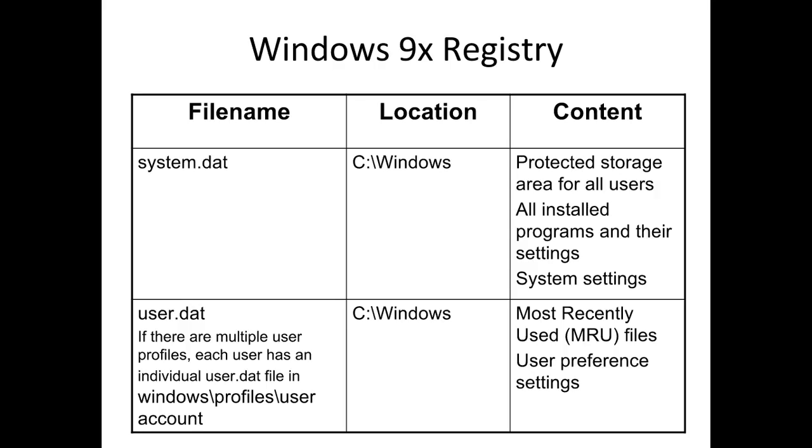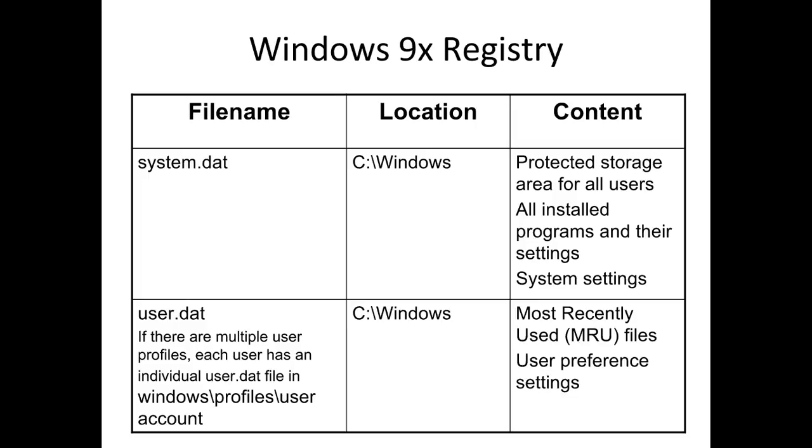Now, on Windows 95 and 98, the registry system was quite simple. There was a system.dat file located in root/Windows, and a user.dat file located in root/Windows, and if there are multiple users, then each individual user had their own user.dat file that was stored somewhere slightly different.